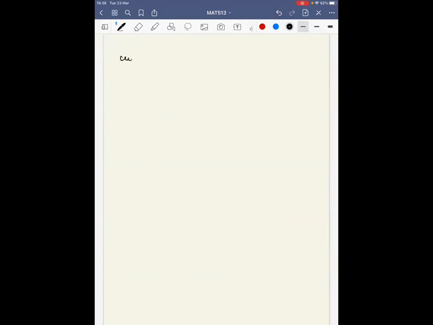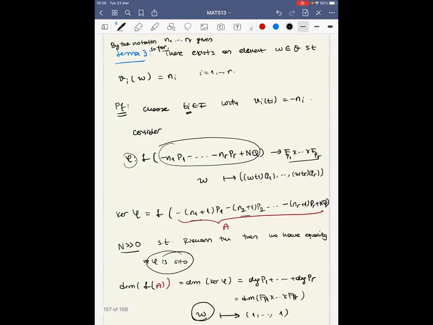So that means we can choose omega in the L space of, I am sorry for the notation, let's call it A, let's call it B, and let's write it B.